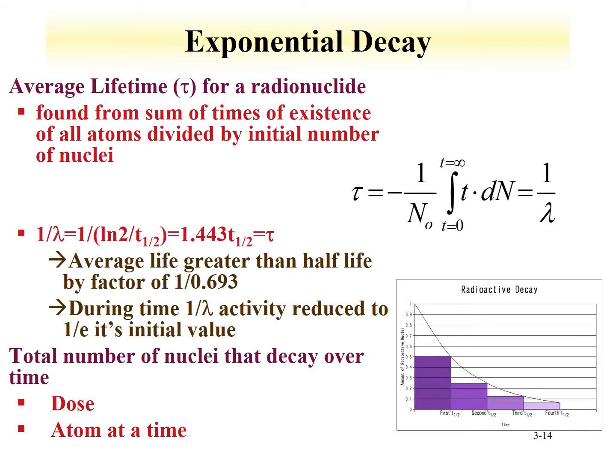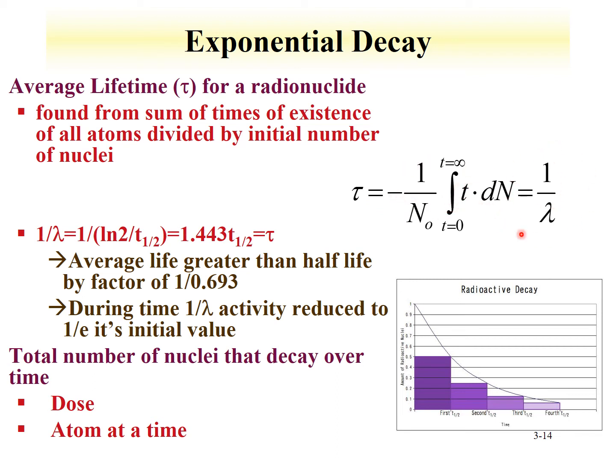So as opposed to discussing the half-life of a radionuclide, the amount of time it takes for half of that radionuclide to decay, I can also discuss an average lifetime of a radionuclide. So it's the sum of times of the existence of all atoms divided by the initial number of nuclides. So this average lifetime is equal to this equation here. And I can expand on this.